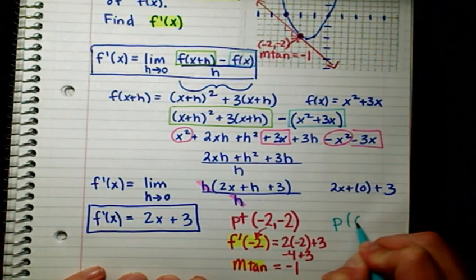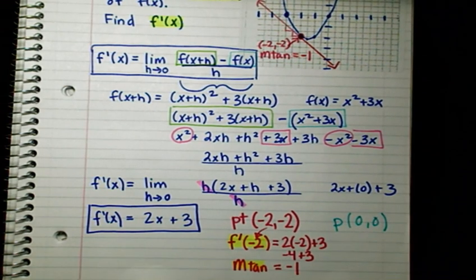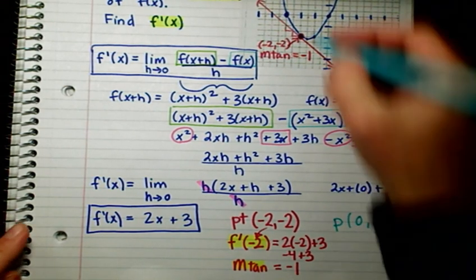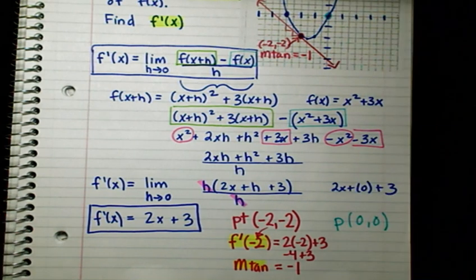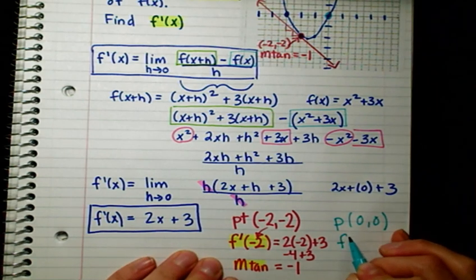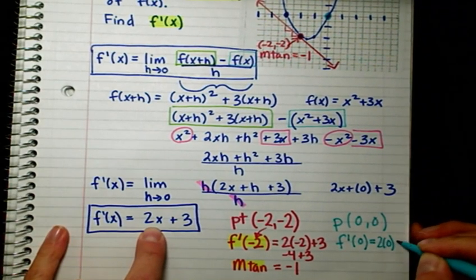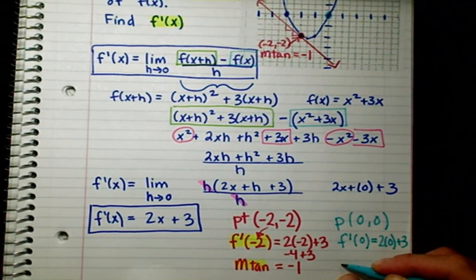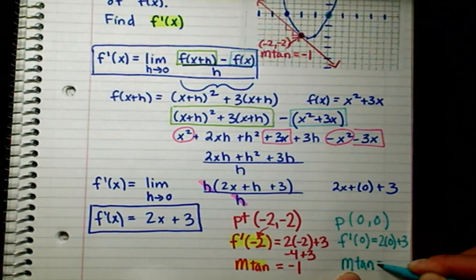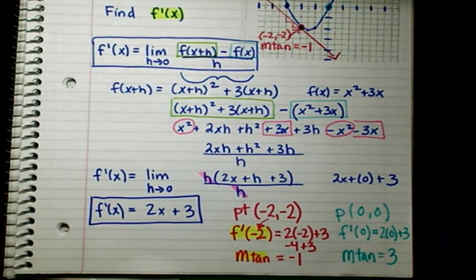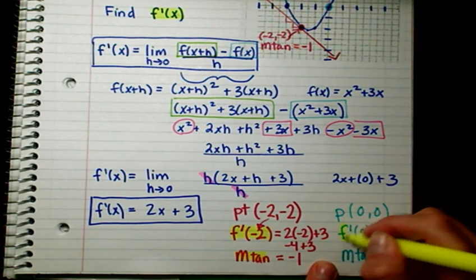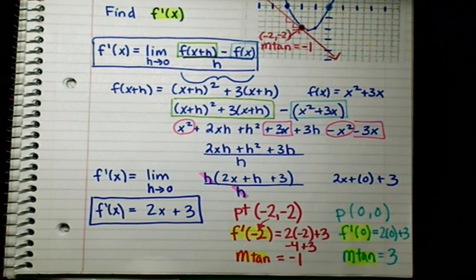Okay, so we're going to pick the origin, and we're just going to do the same thing. We're going to look at the origin. That's this point right here, which is another integer coordinate on the graph. And we're going to find the tangent slope, and we're going to see if it matches. So f prime of 0 equals, and I like to say slope tangent because it makes more sense to me to write down what I'm actually finding. Remember, f prime and tangent slope are interchangeable.